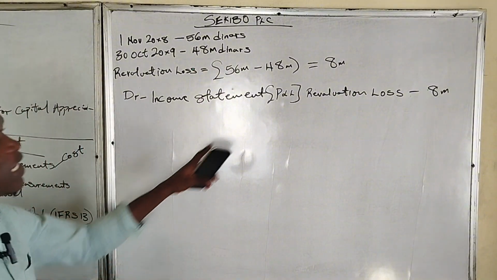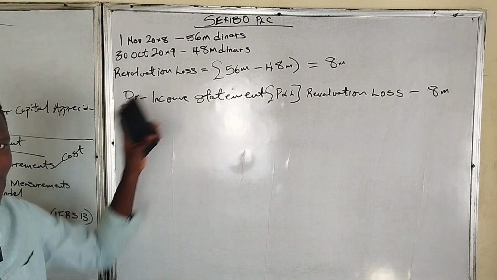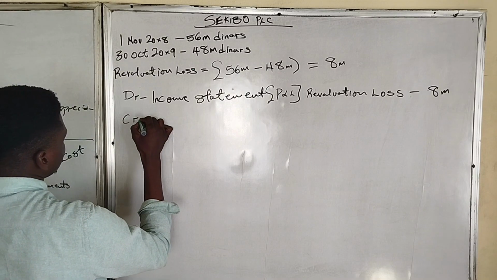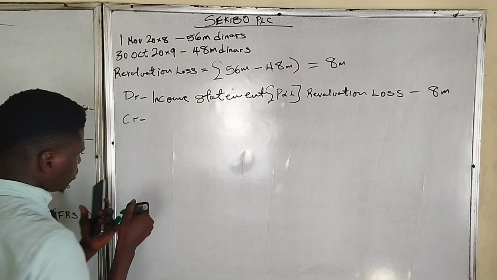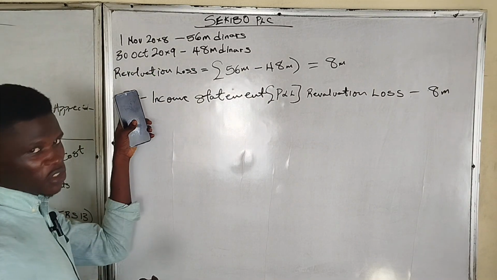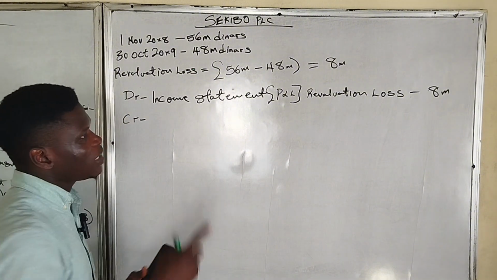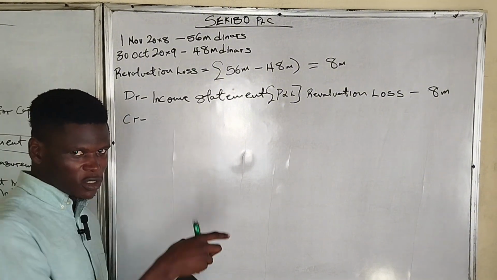So we'll take this as an expense to profit or loss account. Then we'll credit. Remember that we said expenses have debit entry. So if I'm debiting 8 million to expenses, it means I'm adding 8 million as part of the expenses.